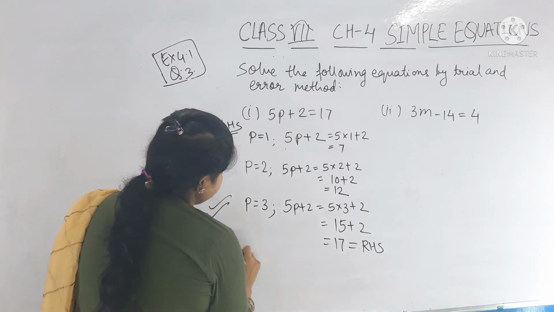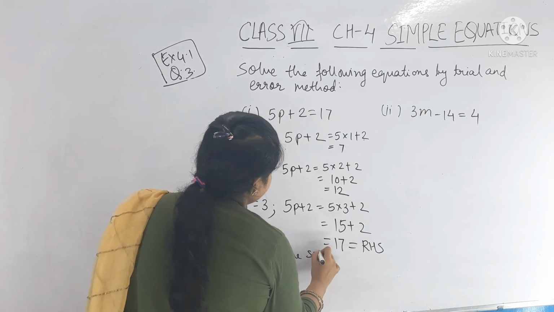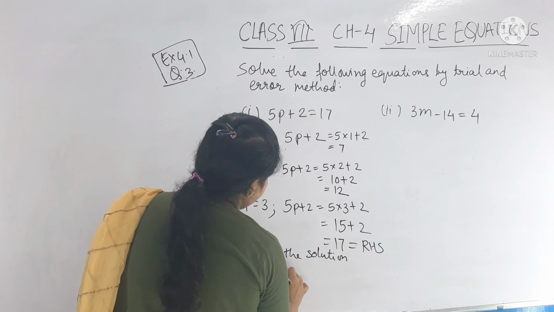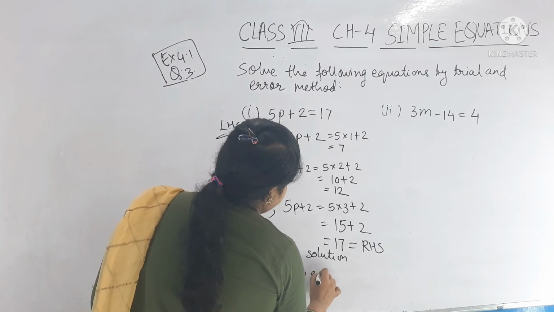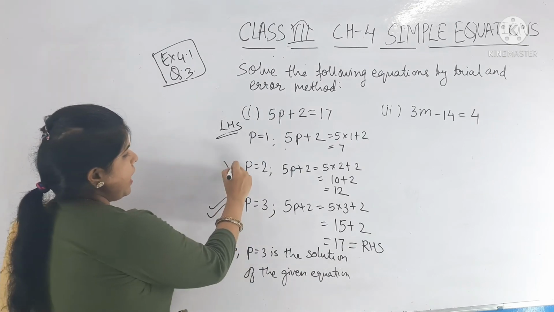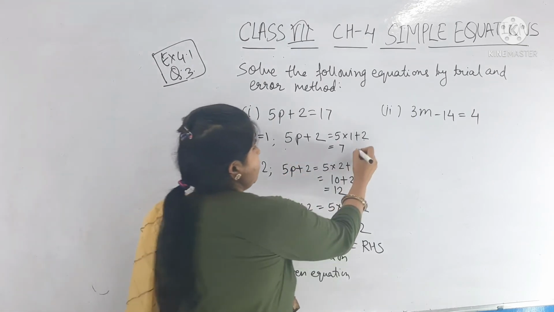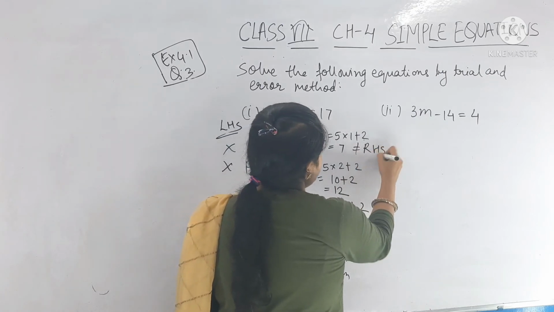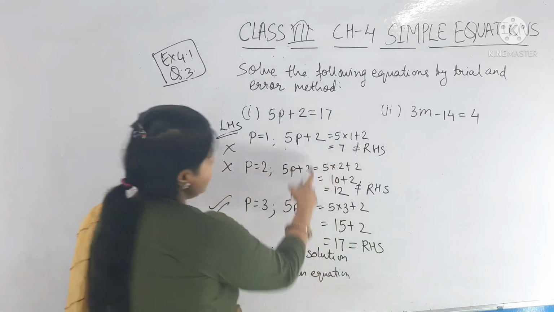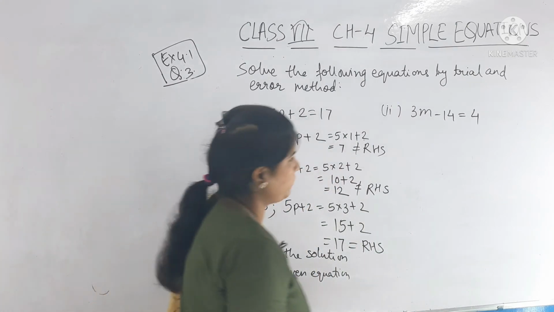So p equal to 3 is the solution of the given equation. This is the solution and this is not the solution because it is not equal to RHS. You can write here not equal to right hand side. You can see that 17 is coming if we put the value p equal to 3.